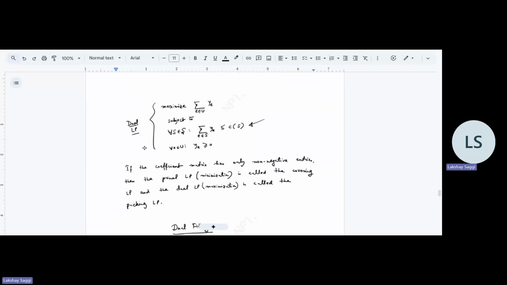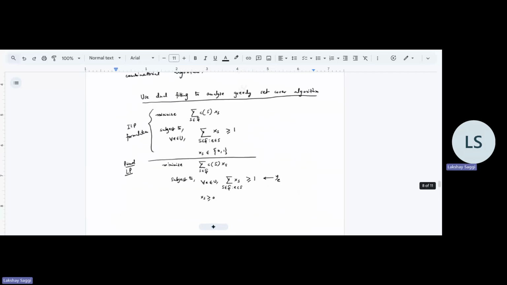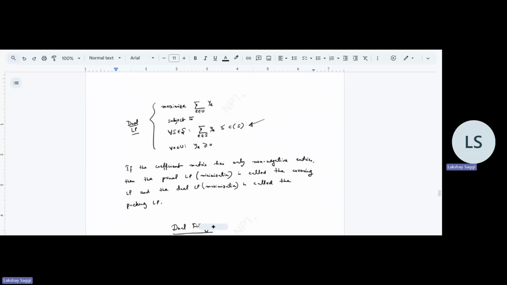Note that this y_E looks very similar to the price function which we discussed last week. These y_E's are nothing but those price functions. Usually, if the coefficient matrix has only non-negative entries in the primal LP, the minimization LP is called the covering LP and the dual LP is called the packing LP.